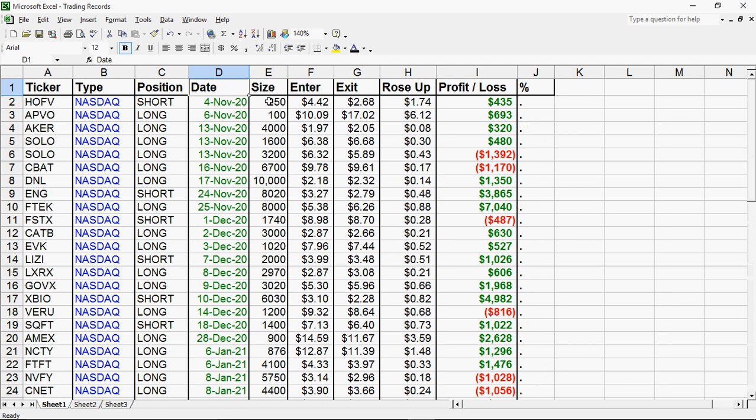Look at this position size here. Let's look at this for a minute. Look at this one. Position size is only 100, but I made $700. I'm trying to show you that you can have a small position size and make a huge profit.